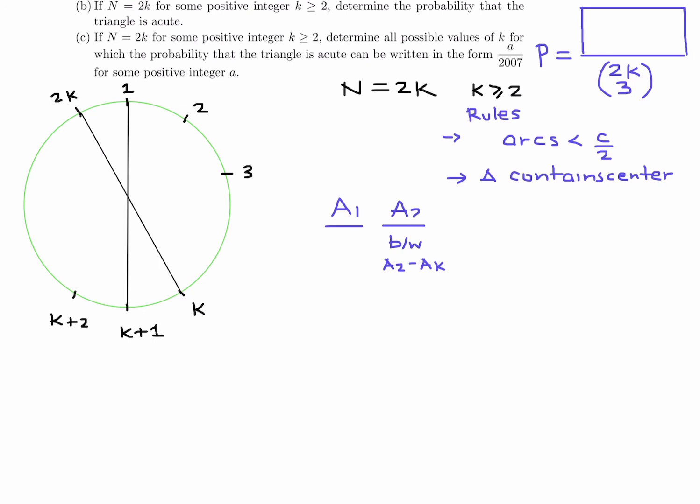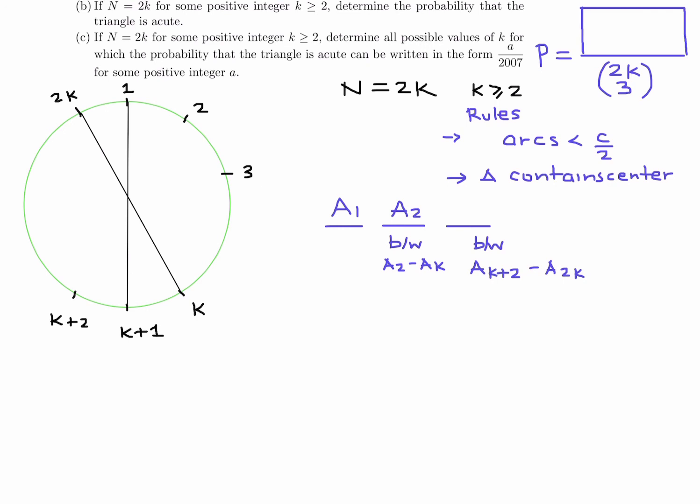All right, so let's choose A2. Now we get to the third vertice. What can the third vertice be? Well, first and foremost, let's talk about what it could be between. What are our choices? It has to be between AK plus 2 and A2K.